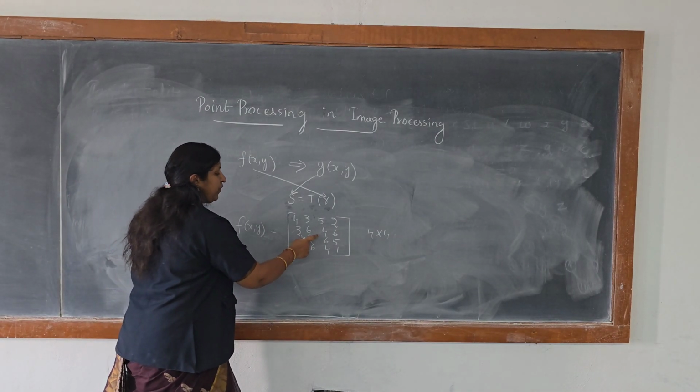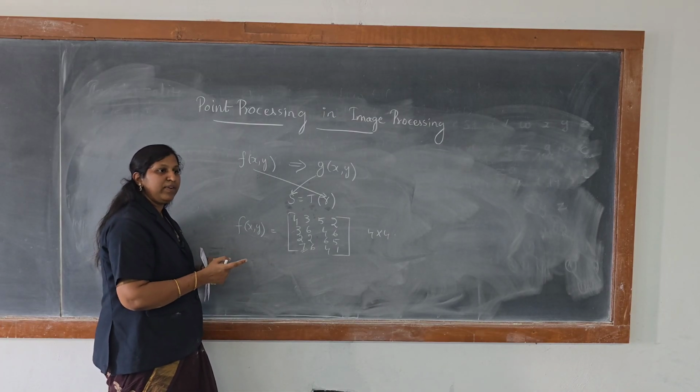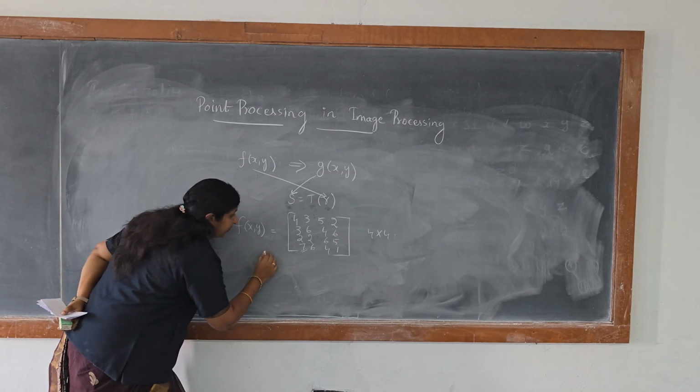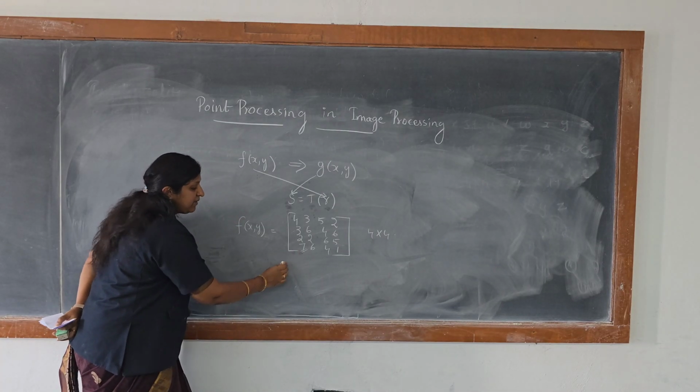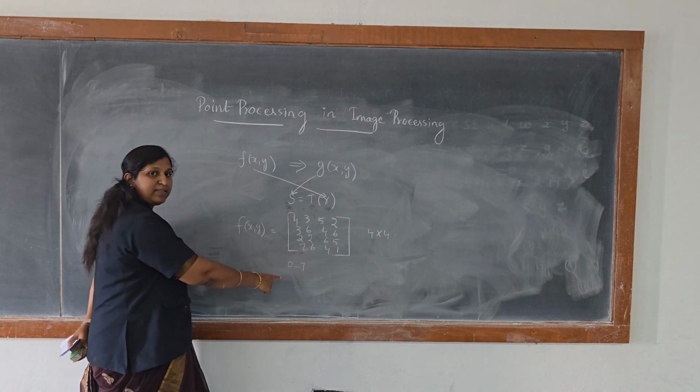From this maximum value, we can calculate the size of the image. If we represent the intensity values in the form of powers of 2, we can calculate the image size. The values of this matrix range from 0 to 7, so the maximum value here is 7.